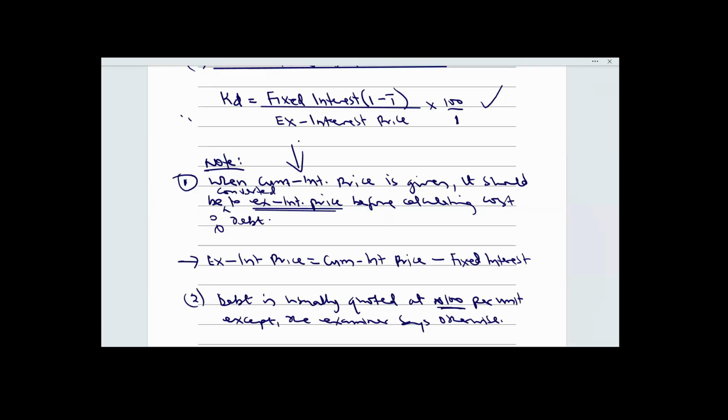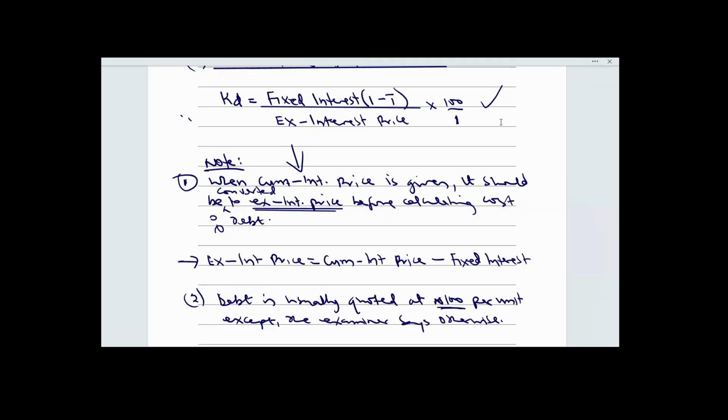Now, go ahead, Femi. You said one of the ways we can know if the interest has been paid or not is, if the interest has been paid, it is ex int, right? If interest has not been paid, that is cum int.